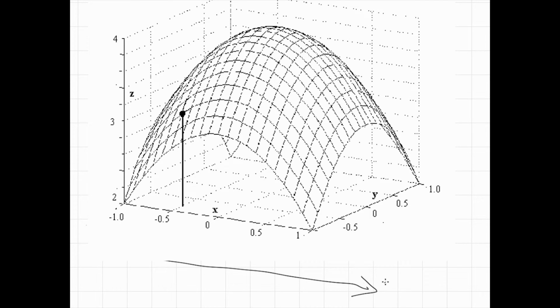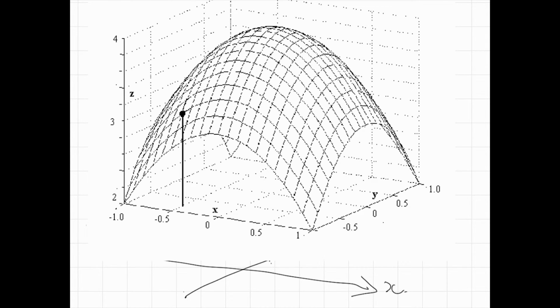So there's my x. My y-axis, similar type of thing, would be parallel to this one here, straight underneath, so there is my y.